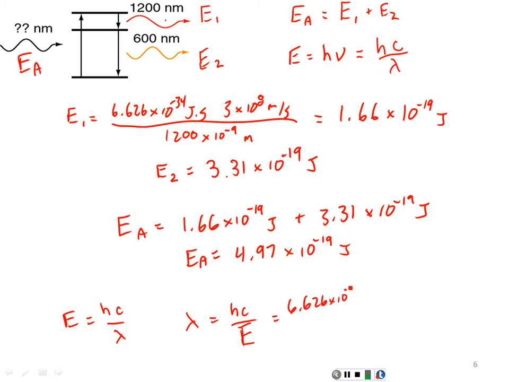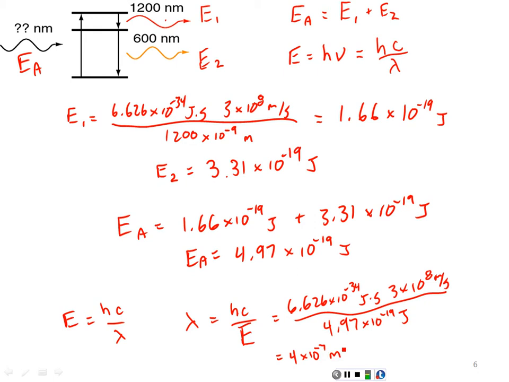6.626 times 10 to the minus 34th joule seconds times 3 times 10 to the 8th meters per second divided by 4.97 times 10 to the minus 19th joules. The number we get out is 4 times 10 to the minus 7th meters.